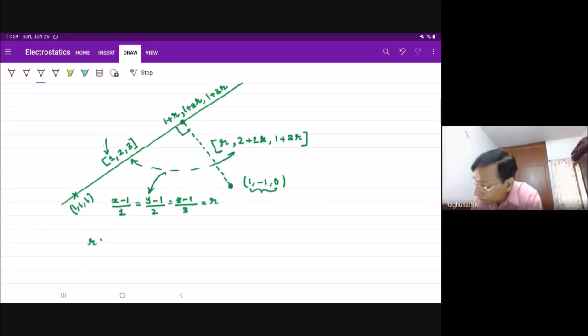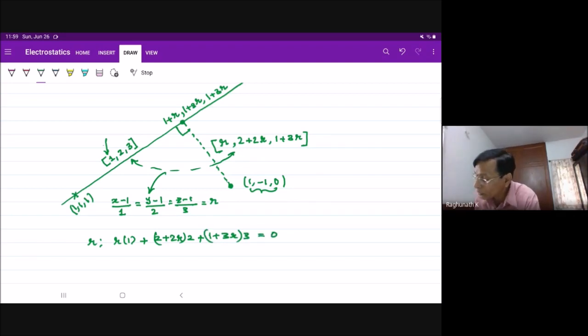R is such that R into 1 plus 2 plus 2R into 2 plus 1 plus 3R into 3 is equal to 0. Which gives R plus 4R, 5R plus 9R, 14R is equal to, correct? Minus 4, minus 3, minus 7.